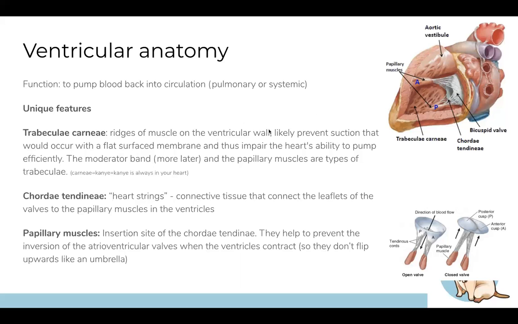So the trabeculae carneae are ridges in the ventricular wall, and their function is still being theorized, but it's most likely to prevent suction that would occur with a flat surfaced membrane.